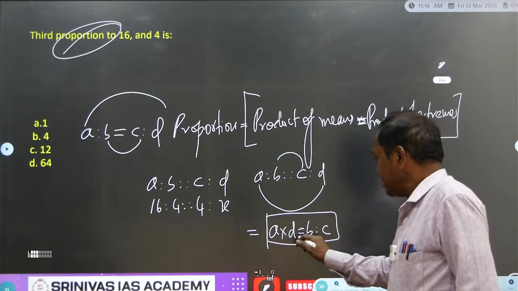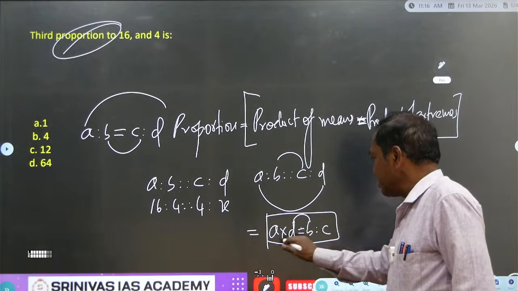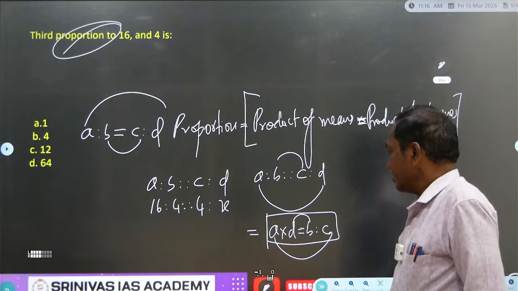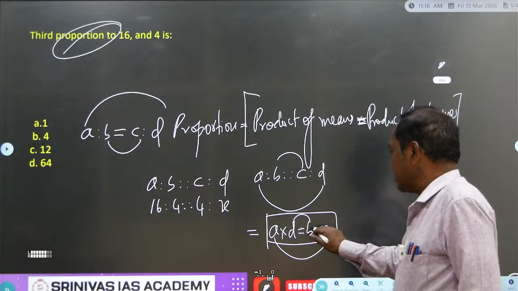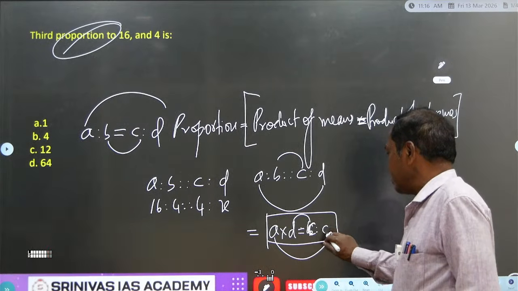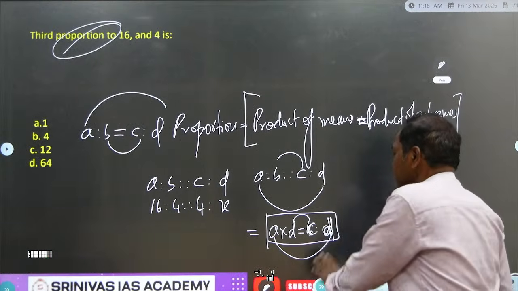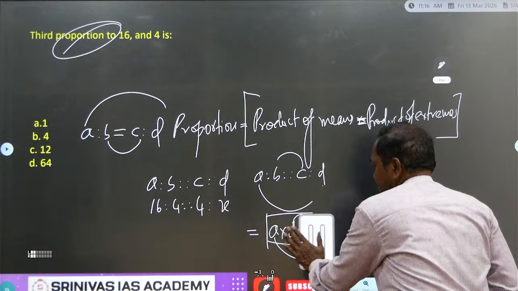So this is the means, this is mean. This is B, sorry, this is C into D like that. The product of extremes is equal to... no, this is correct.